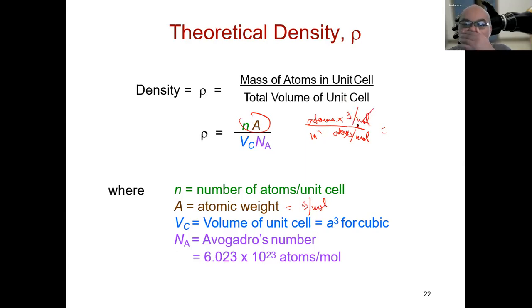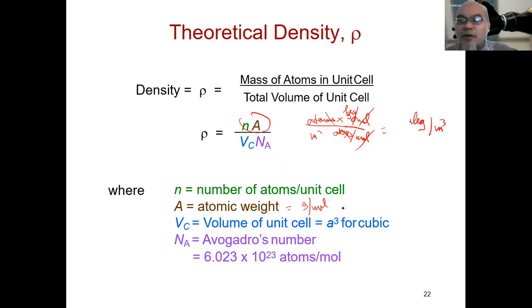So if you see here, this will cancel each other, and what we will have is something in the dimension of kilogram, it could be kilogram or gram, per meter cubic. Okay, so the dimension of rho is mass per unit volume, mass per L cubic. L is length. The atomic weight is how many grams per mole.